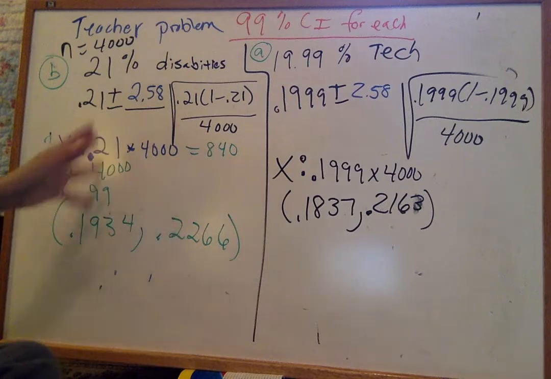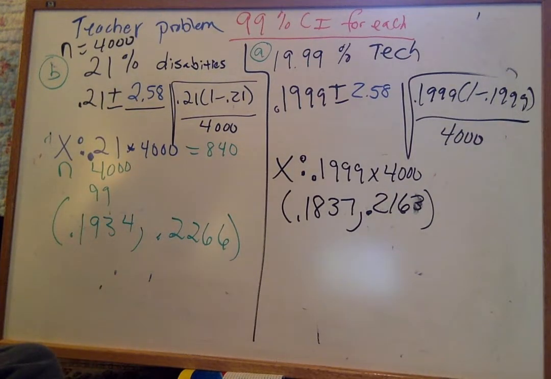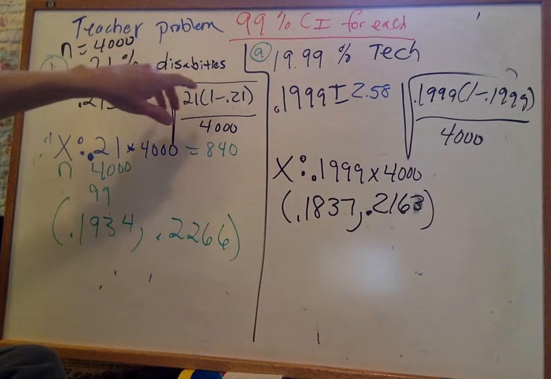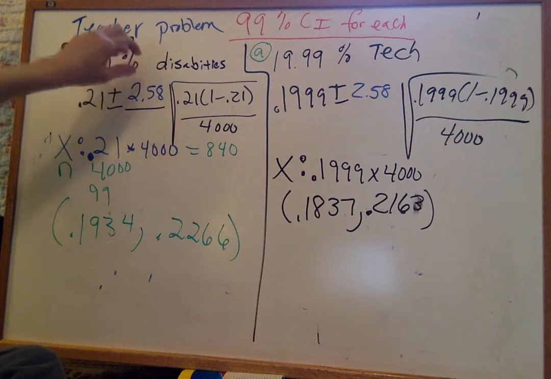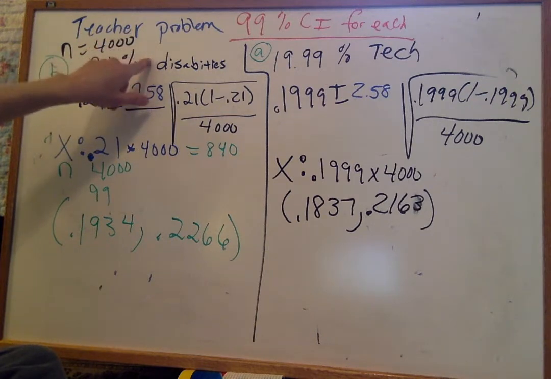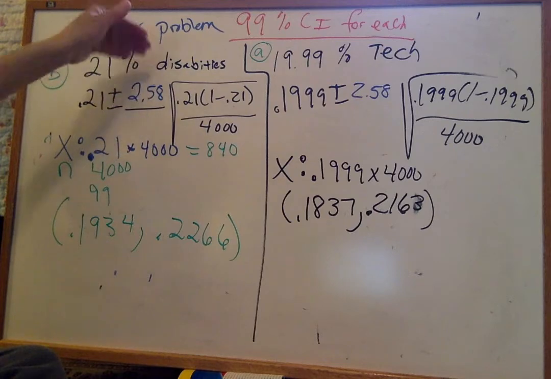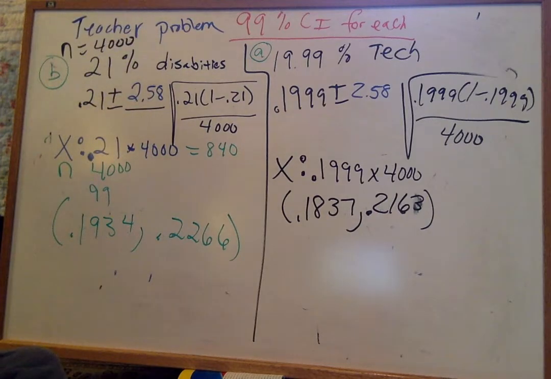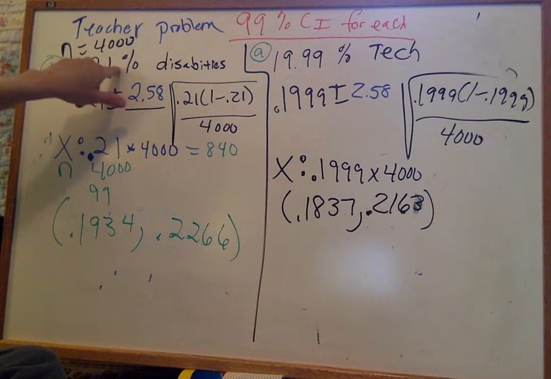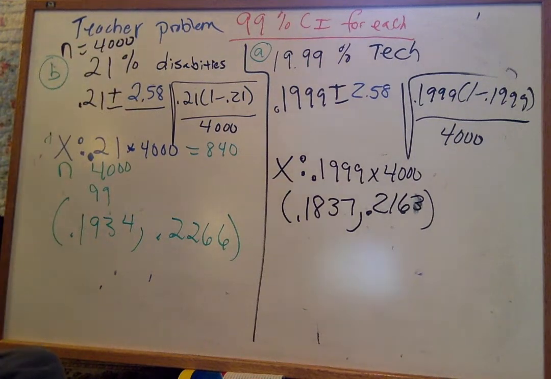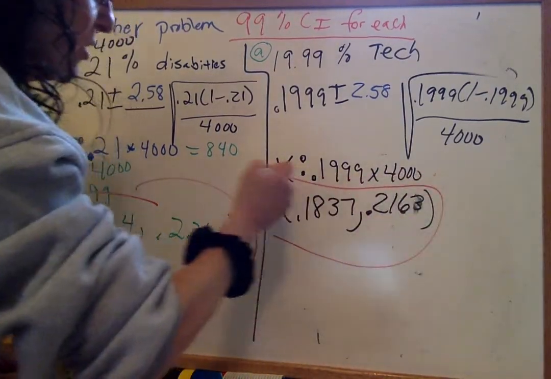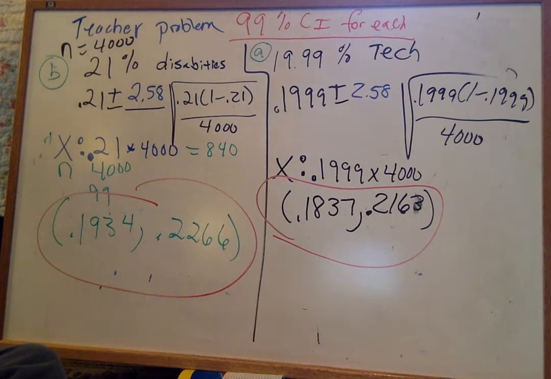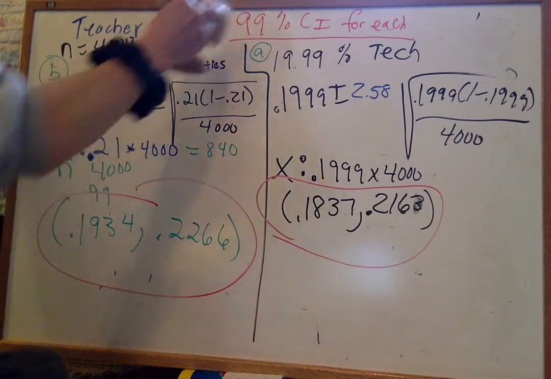So that's technically the answers for part A and B. And part C just says, hey, we noticed from the sample that more teachers needed help with the disabled students. Does that hold for the population of teachers? We see that that's bigger for the 4,000 teachers, but they are asking a question about the population of teachers. So you're back to looking at these two confidence intervals. So basically the answer is no, because the confidence intervals overlap.